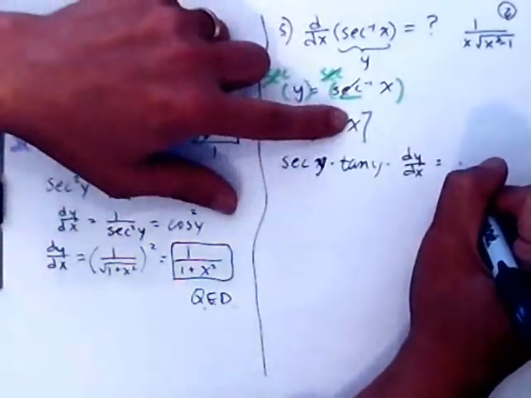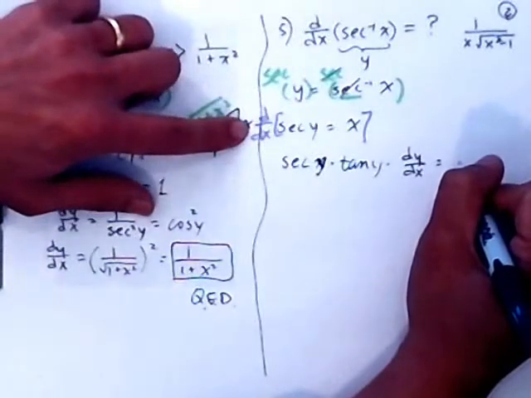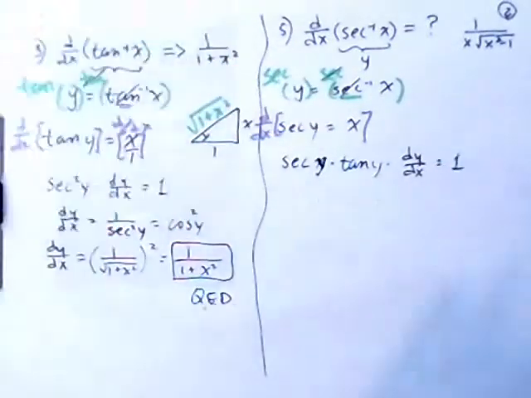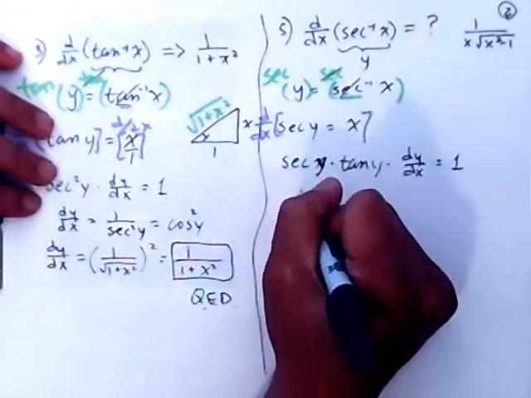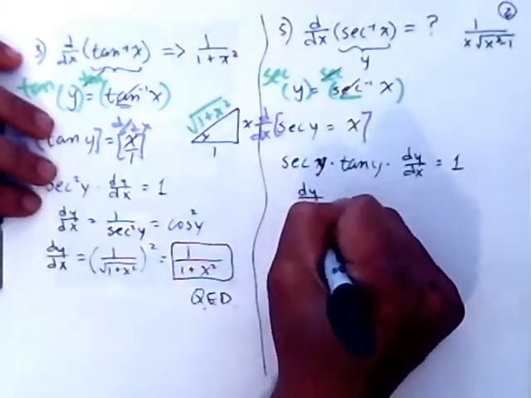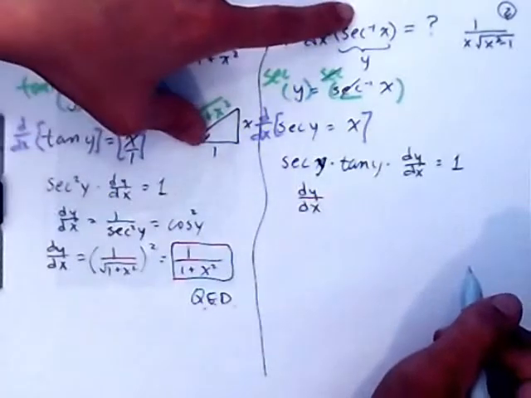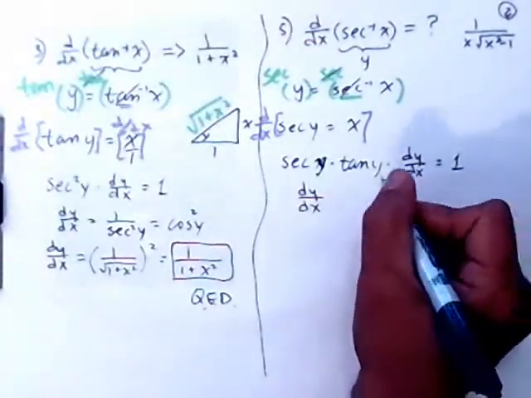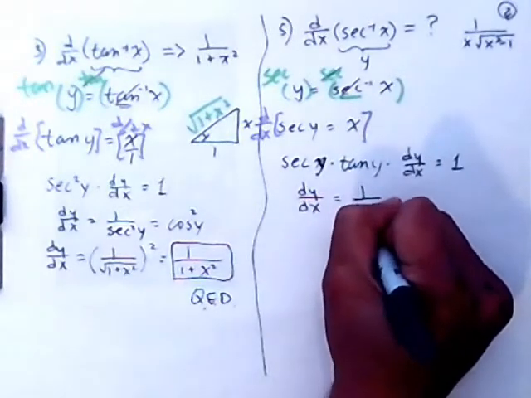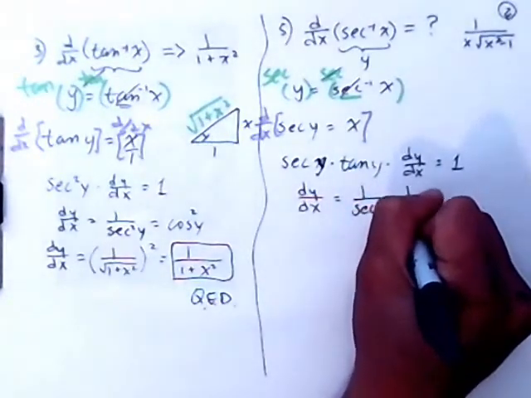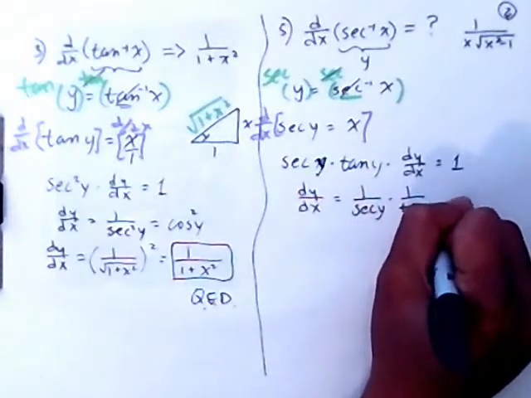And on the right side, the derivative with respect to x of x is going to be just 1. We're trying to solve for dy dx at this stage, because that's what we're looking for. That's going to equal 1 over the secant of y times 1 over the tangent of y.